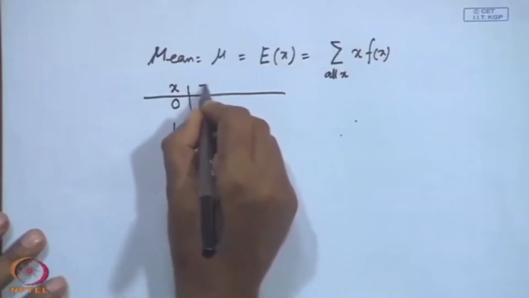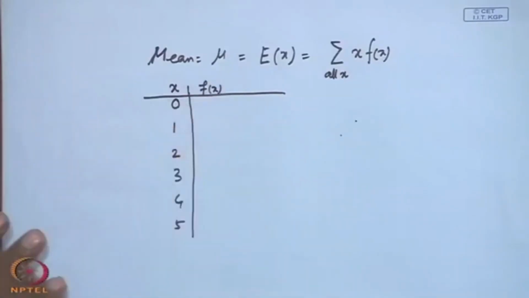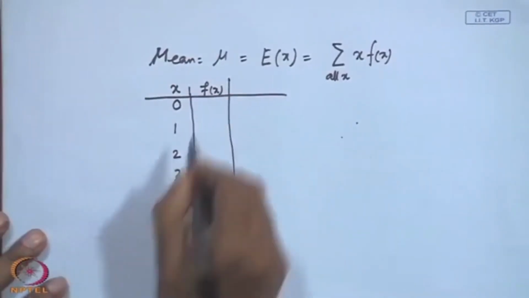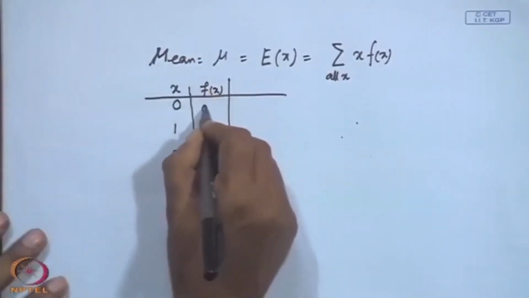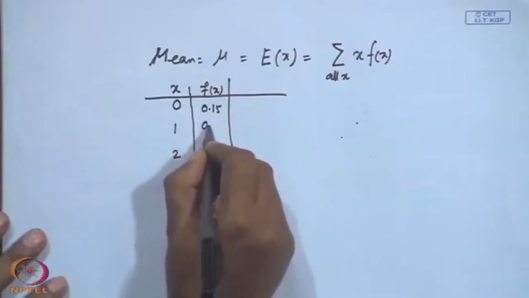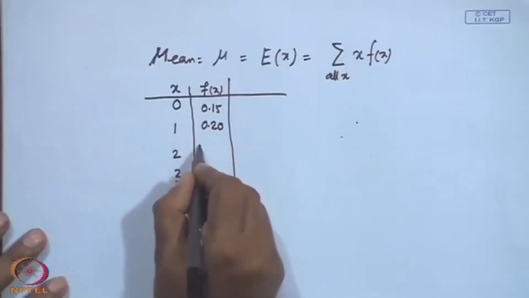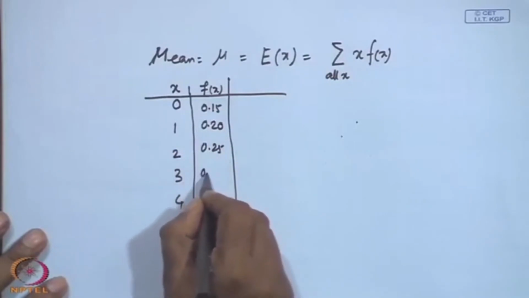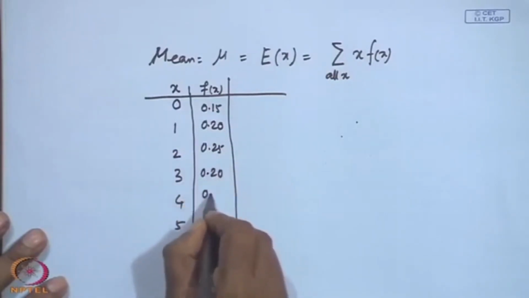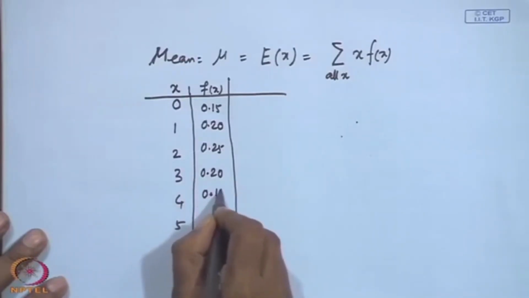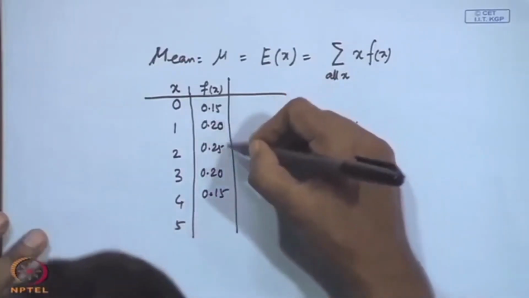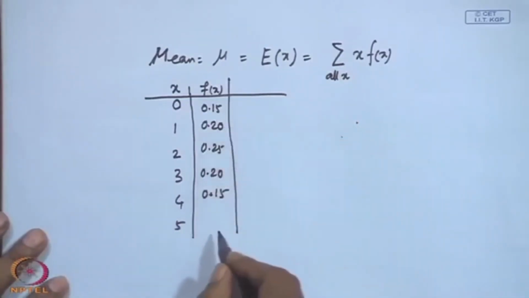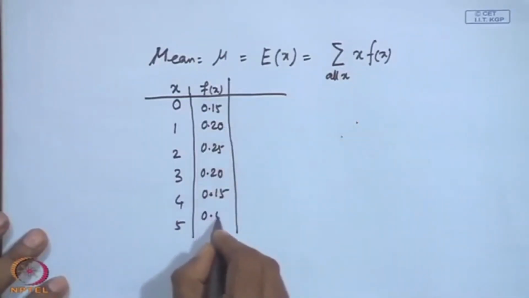If I assume their density here as discrete, they are also the probability values. Suppose the first one is 0.15, second one is 0.20, third one is 0.25, fourth one again 0.20, fifth one 0.15, then what is left? The 20, 40, 60, 95, so 0.05.